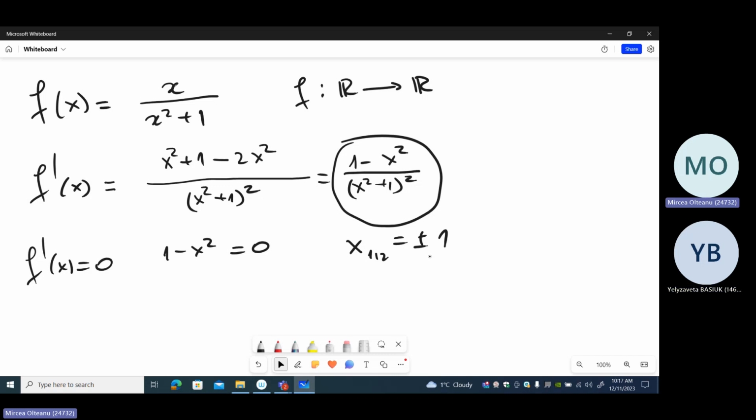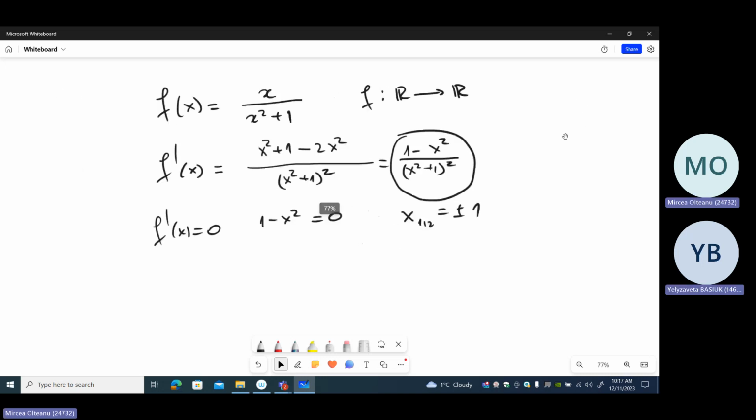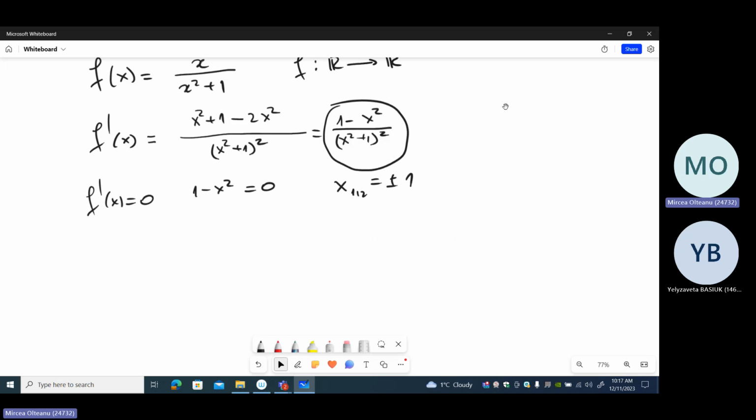Okay, now the next step. The sign table. And now it's not just a sign table, it has 3 lines.